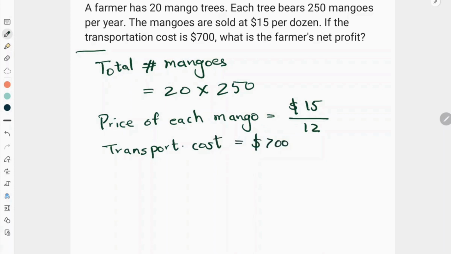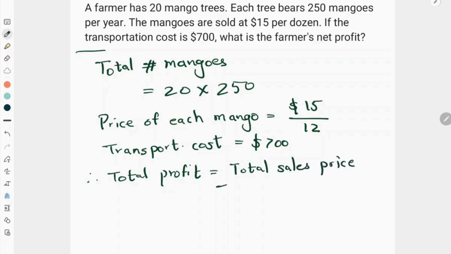So the total profit is total sales price minus total expenses. Which is, in our case, total sales price is total number of mangoes.